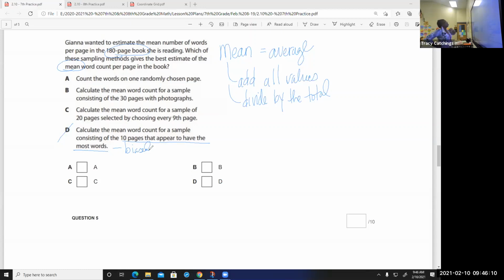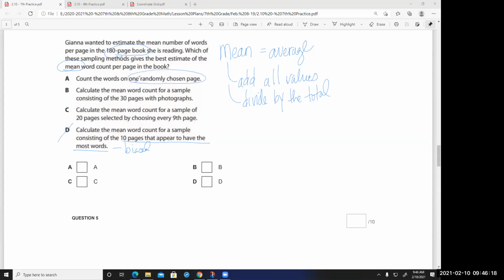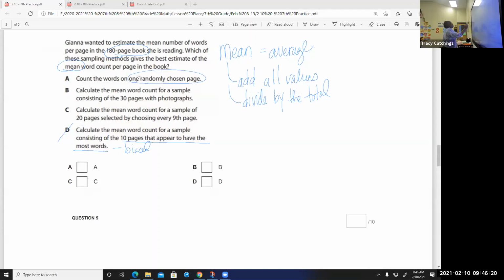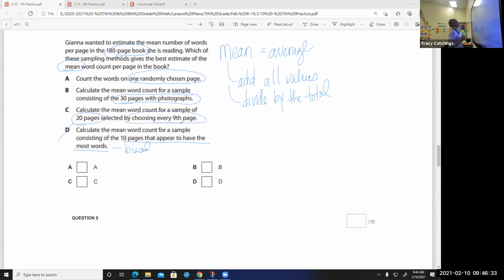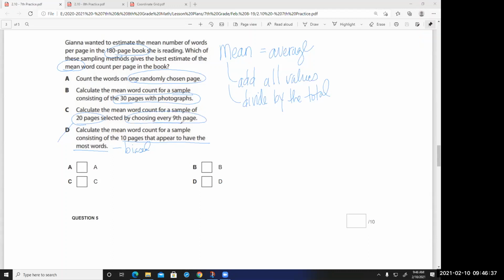So that means out of this whole book, I'm going to pick one page and count those words and say, oh, all the pages have this number of words. No. B says a sample of 30 pages with photographs. No. C says a sample of 20 pages, choosing every ninth page. Yes.